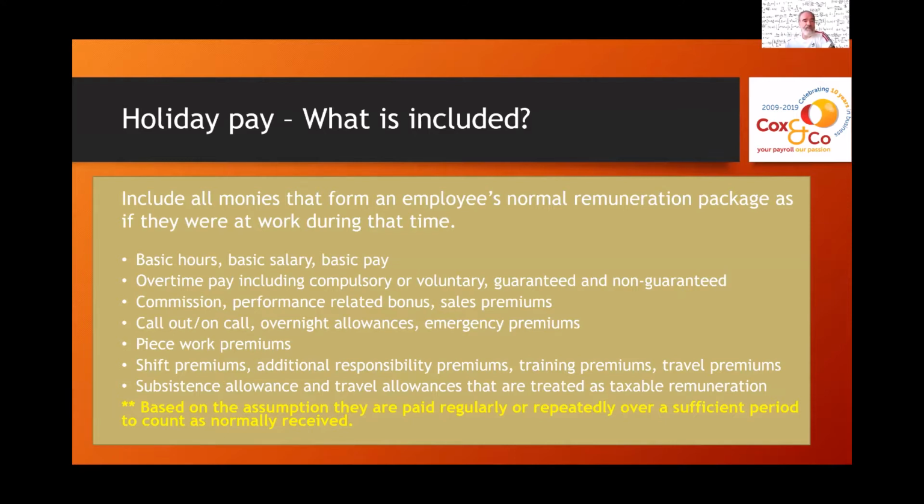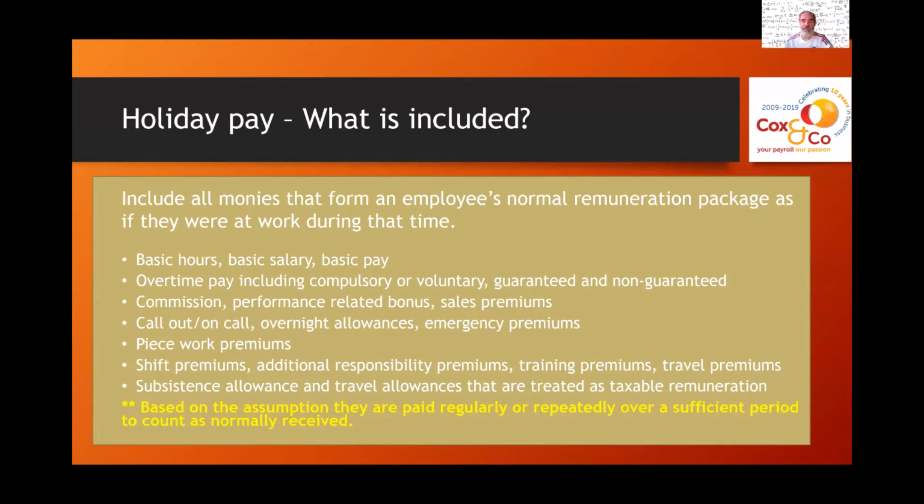But if it's a bonus that's earned, a sales related bonus or whatever, then you'd expect to earn it if you weren't there or if you were there. But everything is based on that bottom sentence, and it's based on the assumption that employees are paid regularly or repeatedly over a sufficient period to count as normally received.